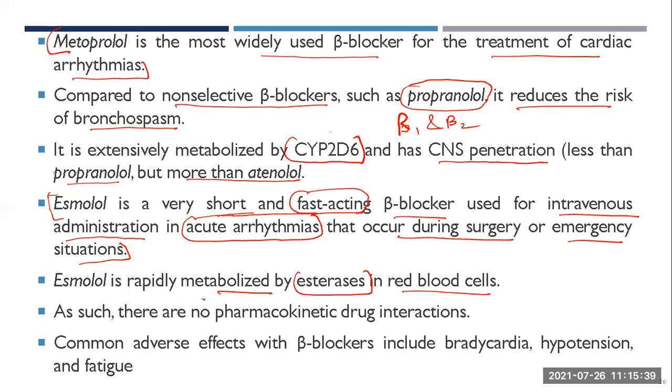As such, there is no pharmacokinetic drug interaction of this particular drug. The common adverse effects with beta blockers include bradycardia. Also, they cause hypotension, and they can cause fatigue.